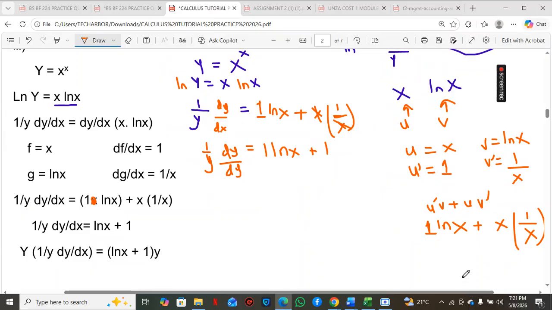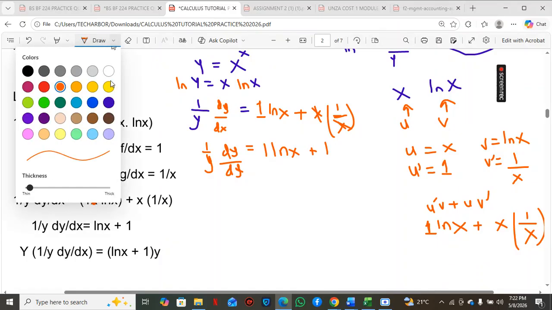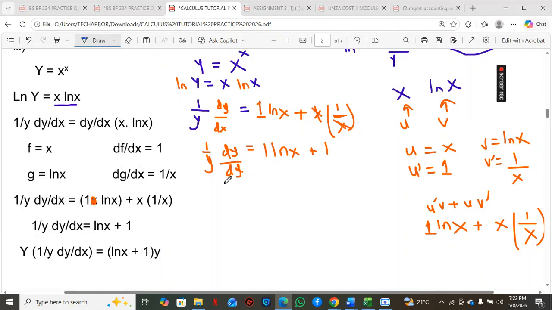Okay. So now, with implicit differentiation, you want to make dy dx the subject of the formula, meaning we have to get rid of this y this side. So how do we get rid of this y this side? Multiply it by y. You multiply this expression times y.